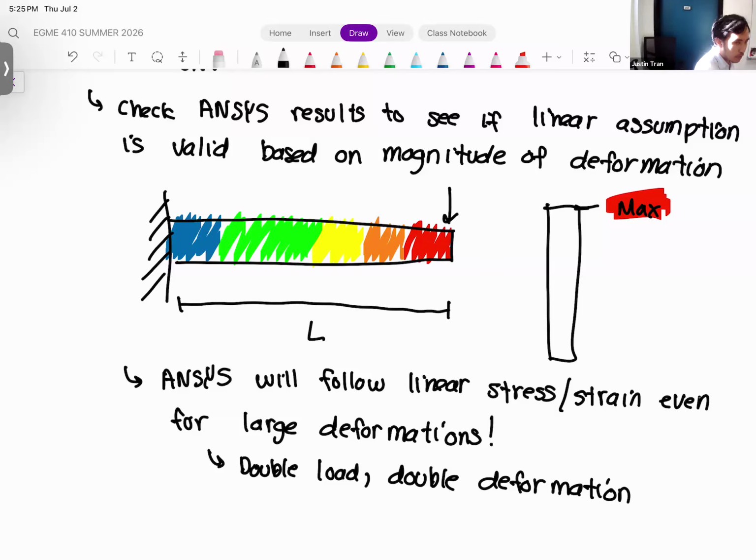Unless you tell ANSYS otherwise, ANSYS is going to assume linear behavior. Okay, which is kind of dangerous on the one hand, because it's not going to warn you or tell you whether or not your assumption is valid. But on the other hand, it's understandable because a linear material is actually the fastest to compute.